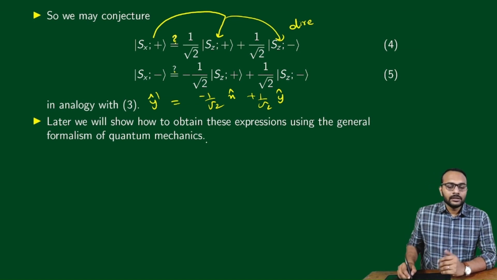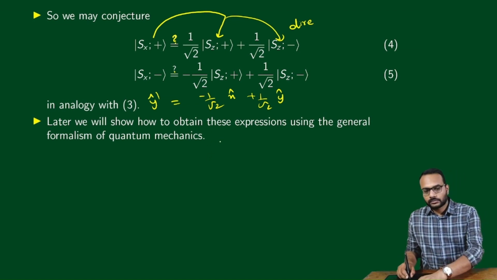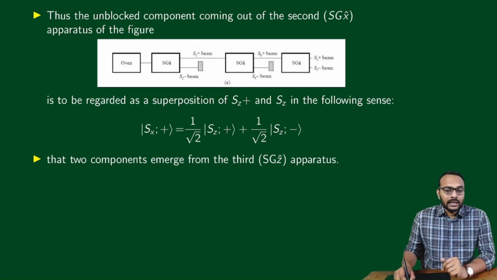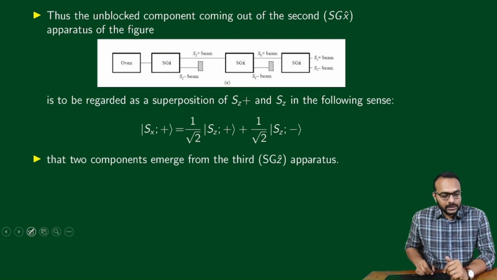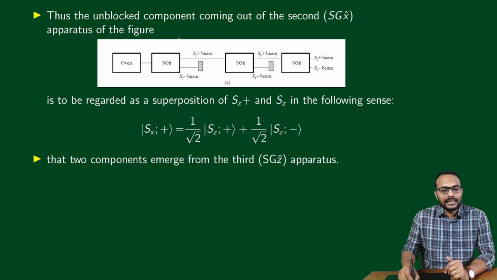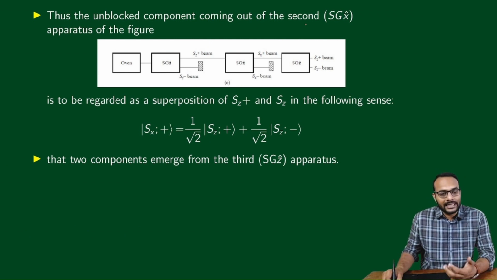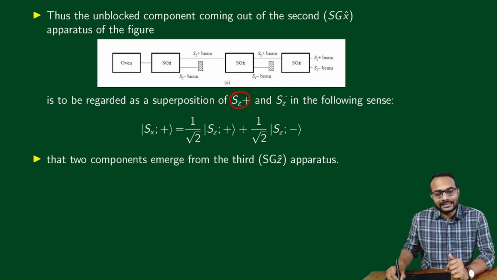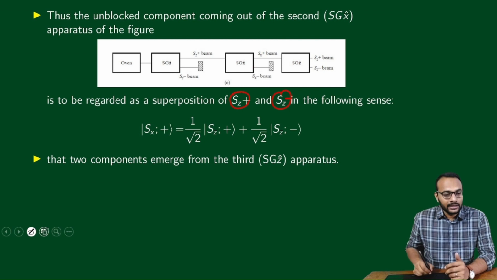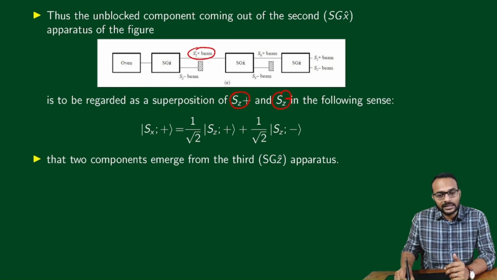So maybe we can do this. We can say that the unblocked component coming out of the second apparatus is to be regarded as a superposition of Sz plus and Sz minus in the following sense. Now this explains it somewhat, right? This is only an Sz plus beam.